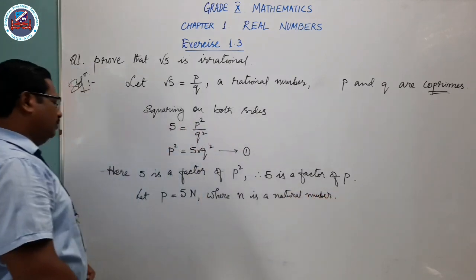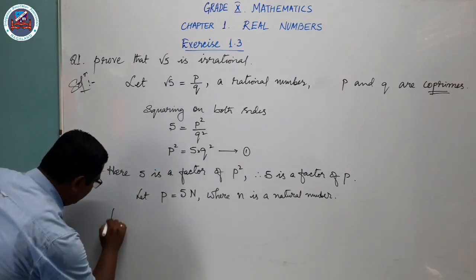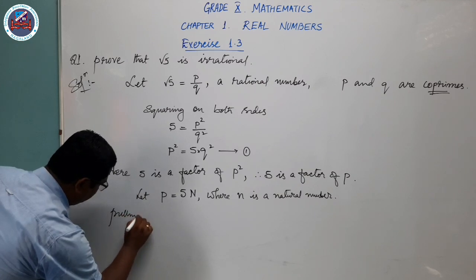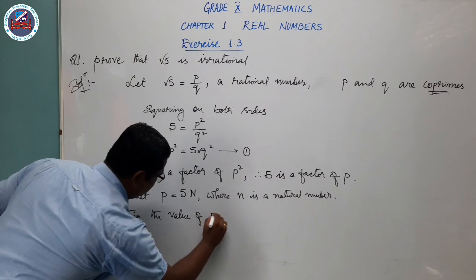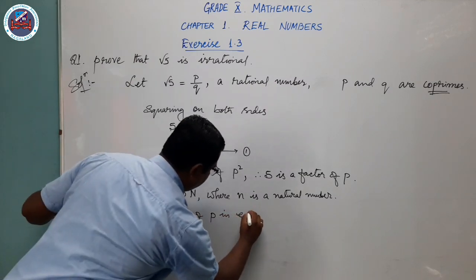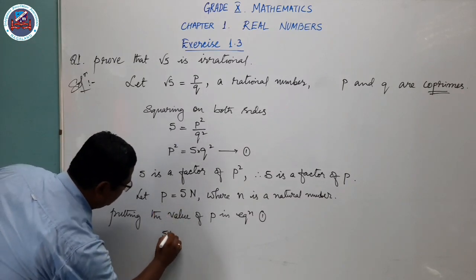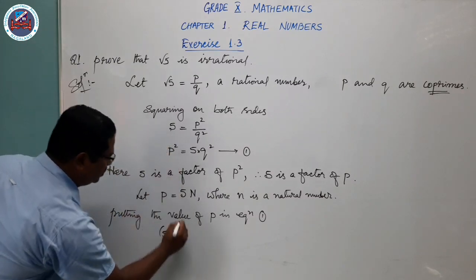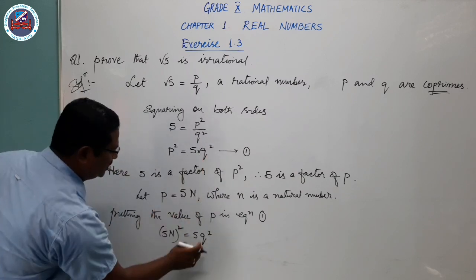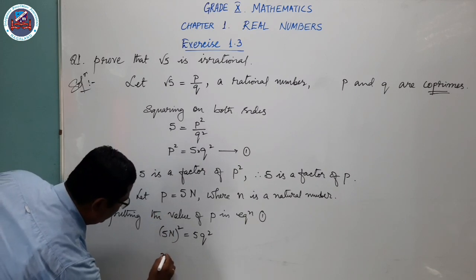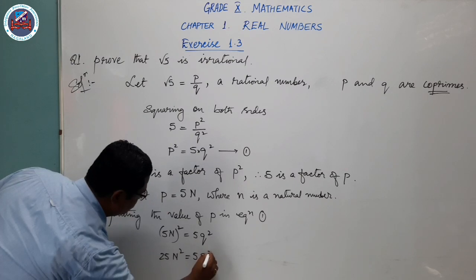Now put the value of p in equation 1. You will get 5n whole squared equal to 5q squared, and the 5q squared will remain as it is. 5 square is 25, so 25n square is equal to 5q square.